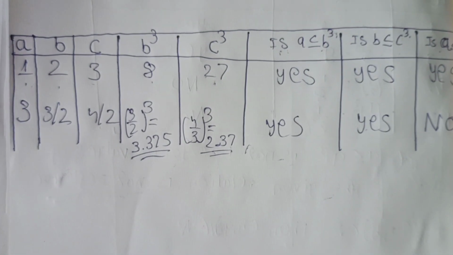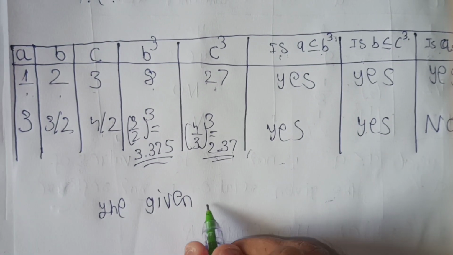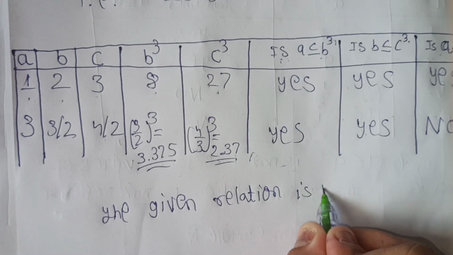Since a less than or equal to b cube, b less than or equal to c cube, a less than or equal to c cube is not true for all values of a, b, c, therefore the given relation is not transitive.